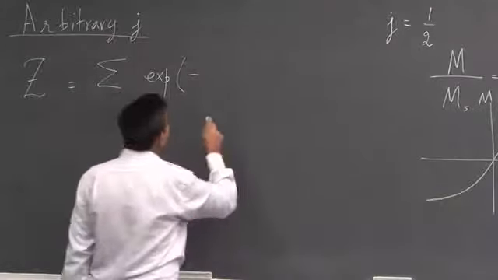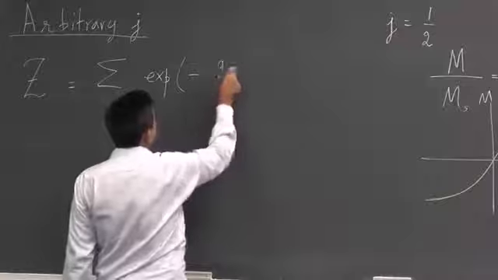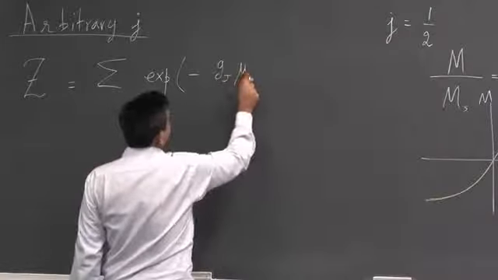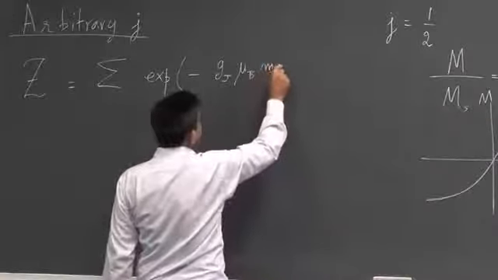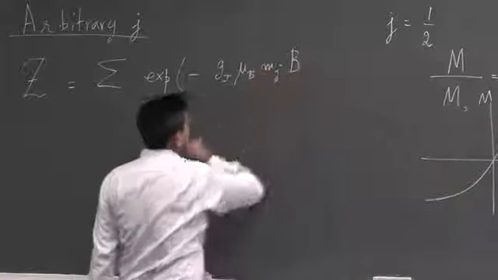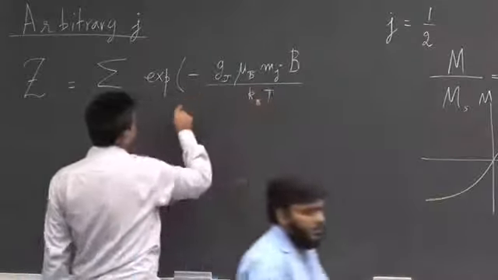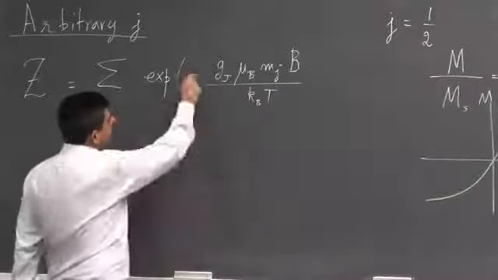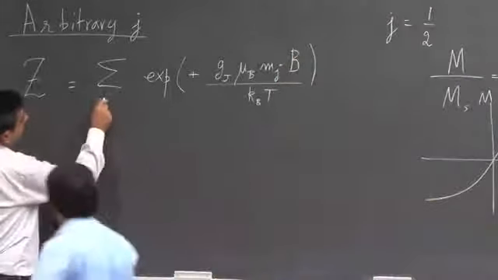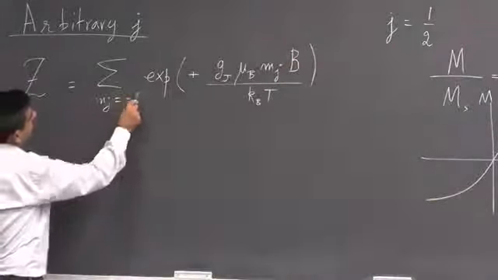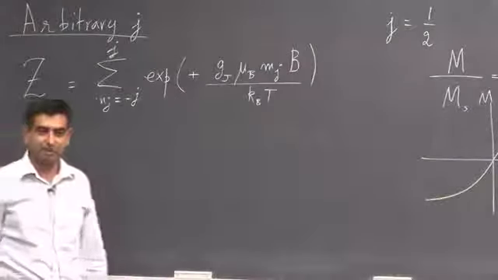And the energies are given by minus g_J mu_B m_J B, where B is the field, divided by k_B T. And the two minus signs interact to give you a plus sign here. So you find this sum over m_J from minus J to plus J. This gives you the partition function.